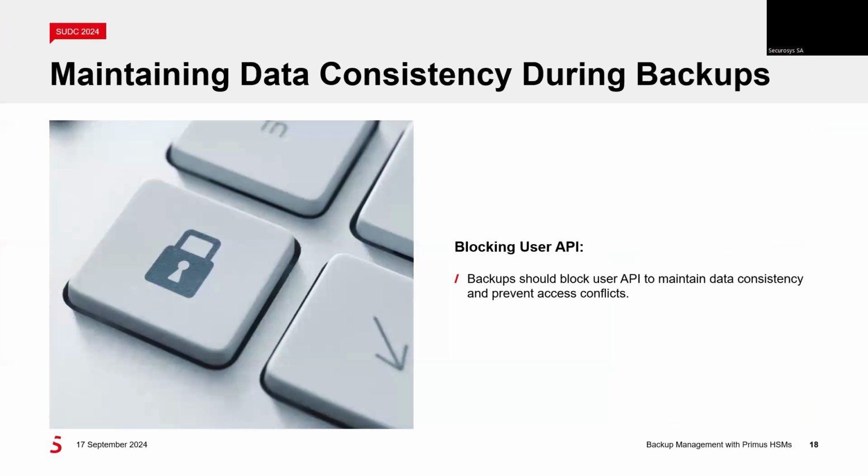Nearing the end, if we make a backup from an HSM, the HSM will block user APIs, and that's for consistency. Meaning if I'm creating a backup from my HSMs, I cannot create new keys in parallel over the APIs. So client applications will be blocked. Consider that if you're doing maintenance or making a backup from your system, clients cannot access keys at the time you're creating a backup.